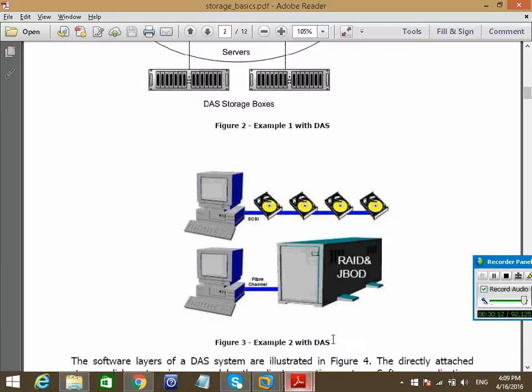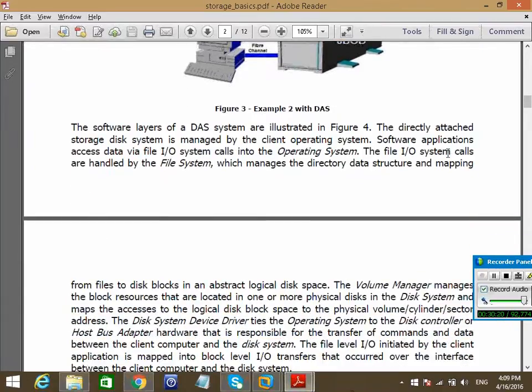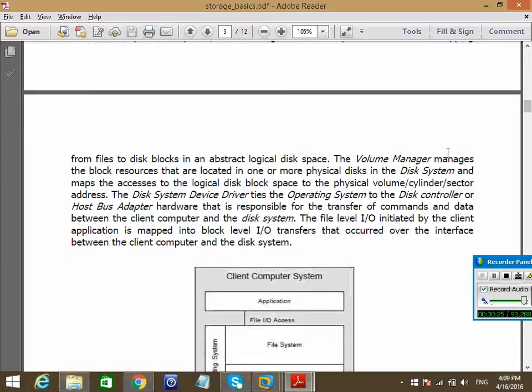Anyway, we'll go back to this. Yes, you can create logical groups and logical volumes and map those logical groups to any of these.